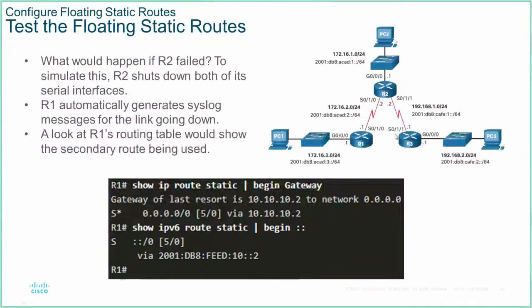So as soon as router 1 loses this link, it now knows that all the routes in its routing table that are dependent on this link have now become invalid.